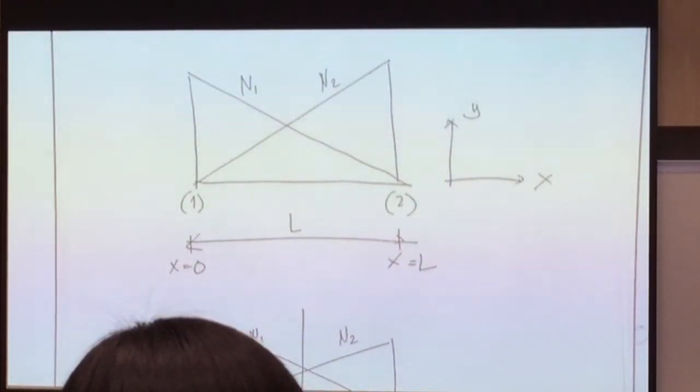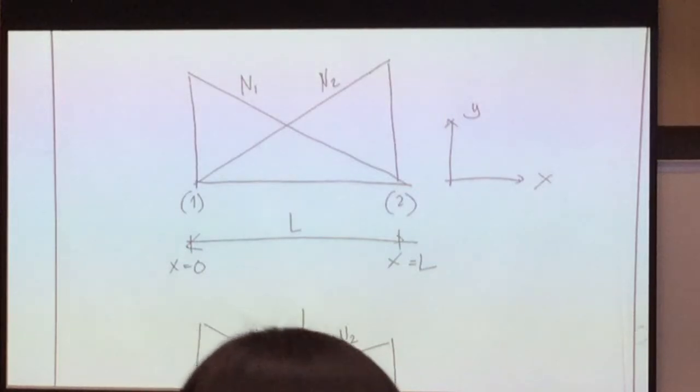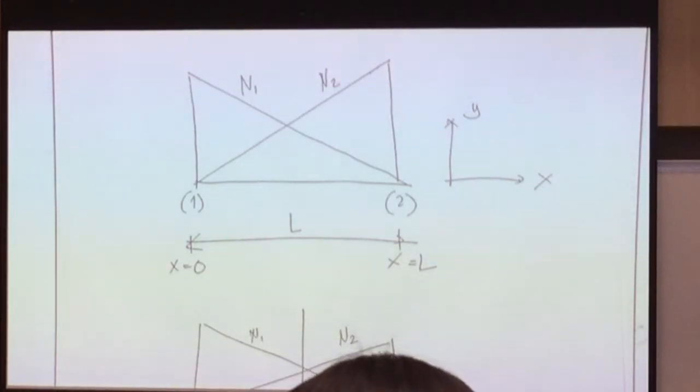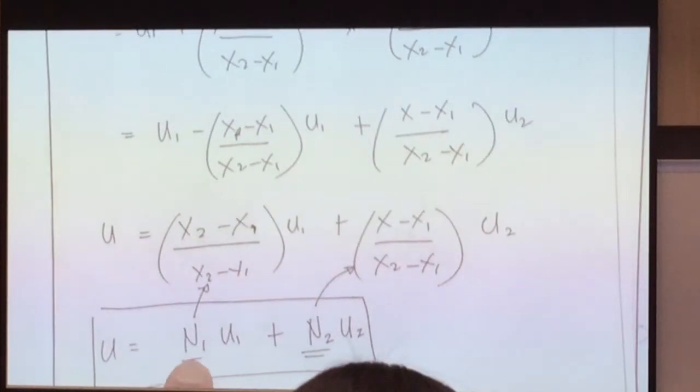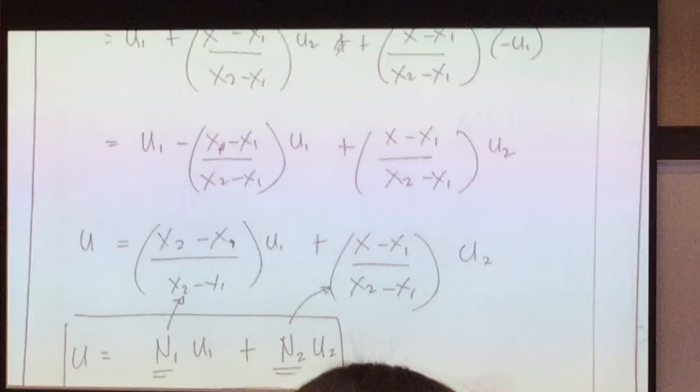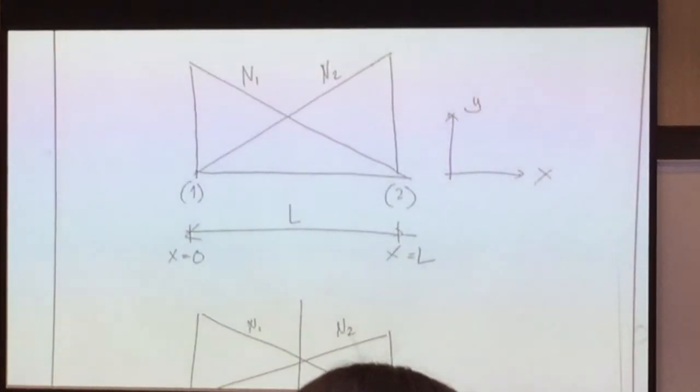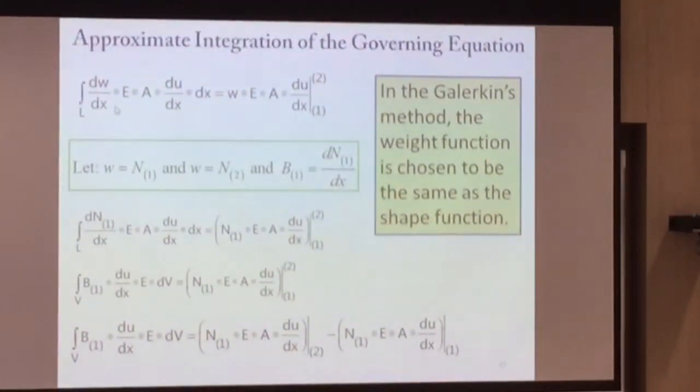We started with the weak form, and then we determined your displacement or interpolation shape function. So what we're going to do next is determine another shape function. Right, so here we are.